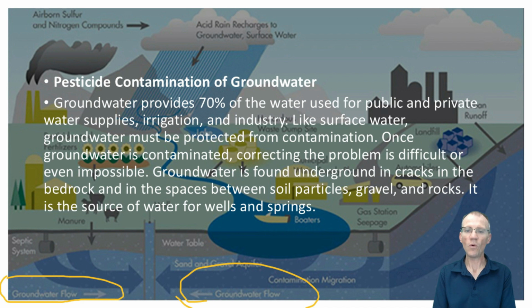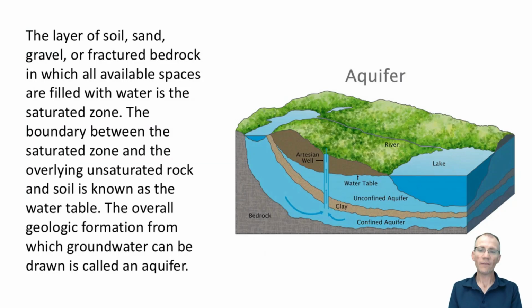It is the source of water for wells and springs. The layer of soil and gravel or fractured bedrock in which all available spaces are filled with water is the saturated zone. The boundary between the saturated zone and the underlying unsaturated rock and soil is known as the water table. The overall geologic formation from which groundwater can be drawn is called an aquifer.